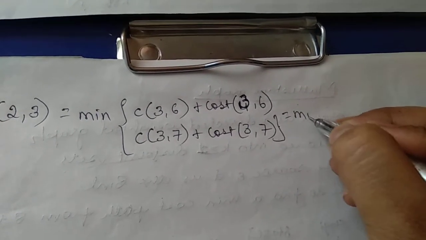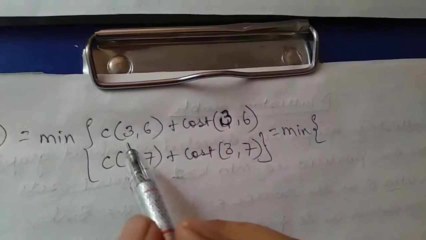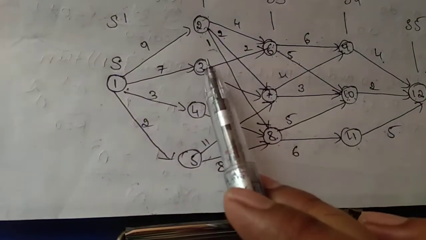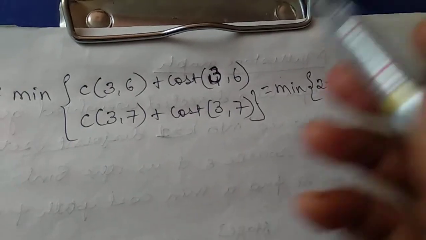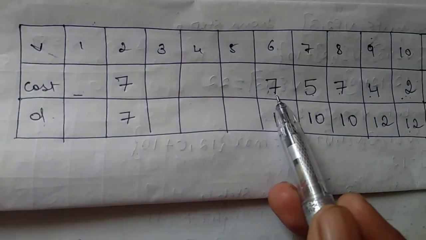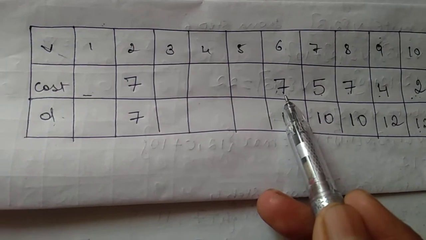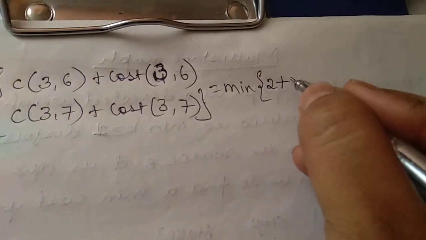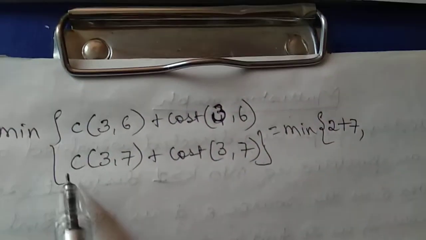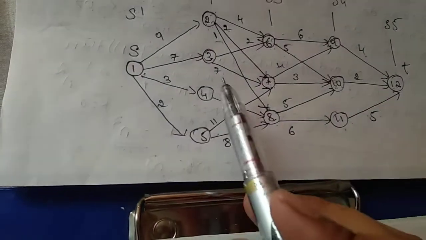So minimum of, how do you have to take? From 3 to 6, what is the cost? It is 2 plus, what is the cost of 6? Cost of 6 is 7, you have to take. So 2 plus 7.